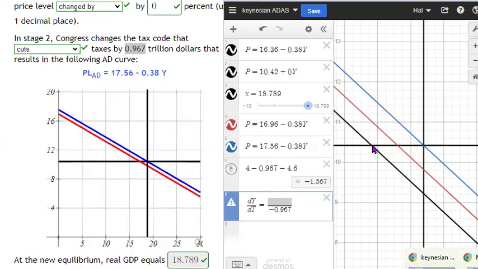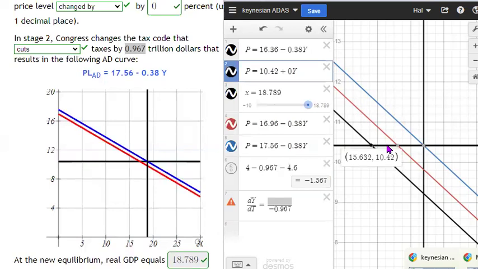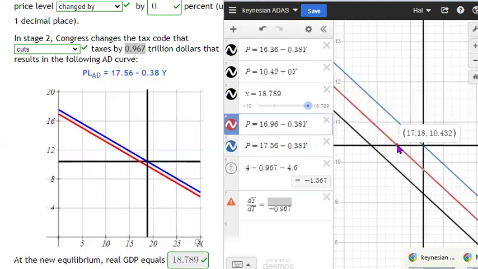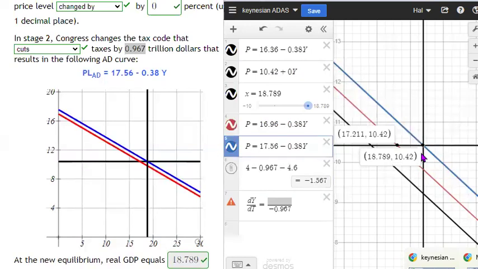Well, the shift from black aggregate demand to red aggregate demand was caused by the increase in government expenditures. The shift from the red aggregate demand curve to the blue aggregate demand curve was caused by the cut in taxes. And so this is what GDP was on the red aggregate demand curve, and this is what GDP is on the blue aggregate demand curve.